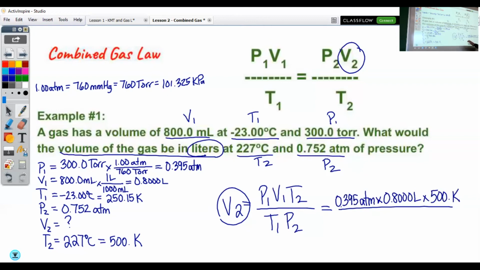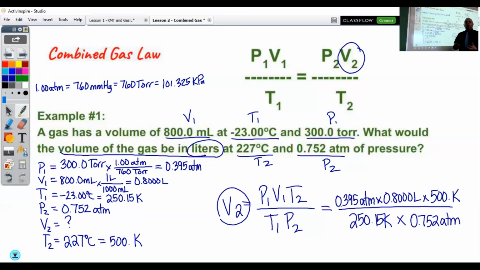Now, after that part is done, we're going to do the bottom part here. So we have temperature 1, that's 250.15 Kelvin. In this case, we were able to keep both decimal places because we had 2 decimal places in negative 23. And our pressure 2, which in this case is 0.752 ATM.